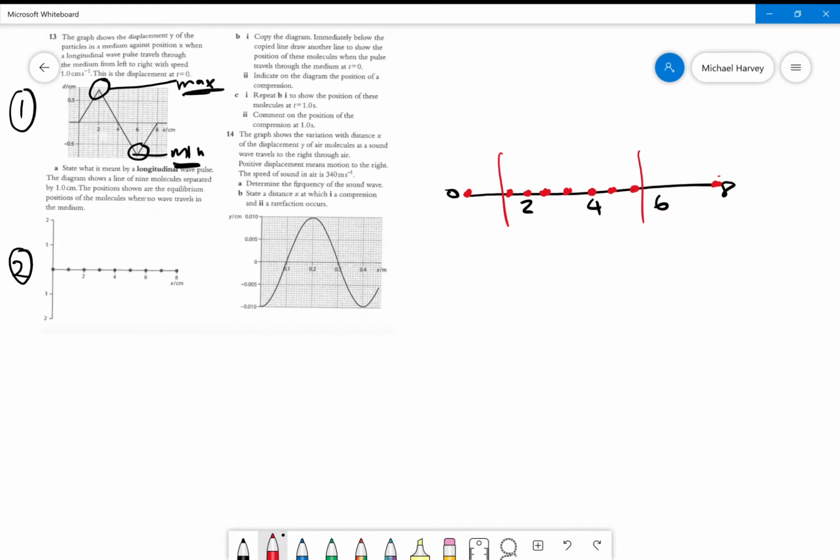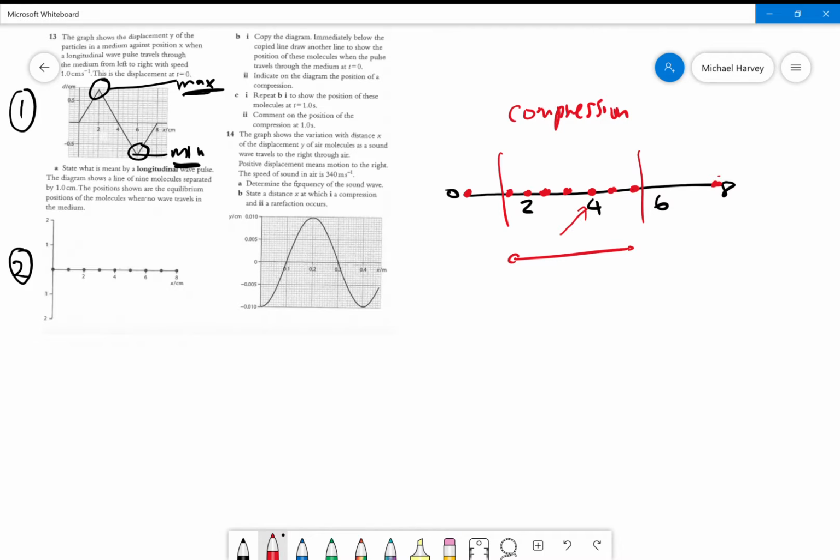That's the peak. So that's going to be an example of, say, this part here. That's going to be the compression of the wave when it's all bunched together, and the epicenter of that particular bunching up is going to be at 4 centimeters.